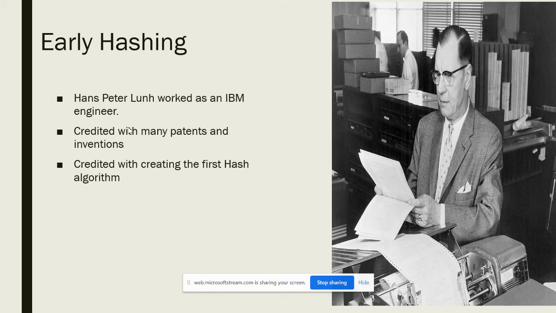Now we're just going to be talking about early hashing. Hans Peter Luhn was an IBM engineer that created numerous things in patents. He is credited with creating the first hash algorithm. In 1953, Luhn had written an IBM memo where he suggested putting information into buckets to speed up a search.